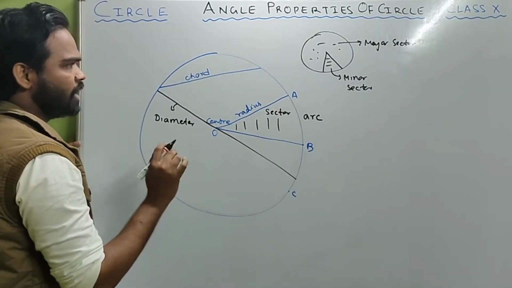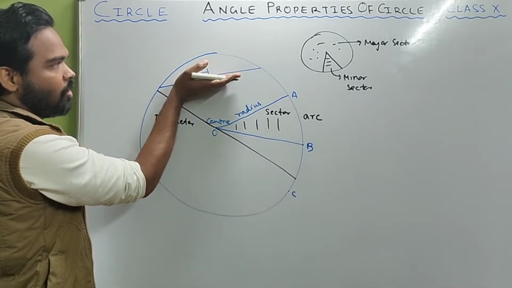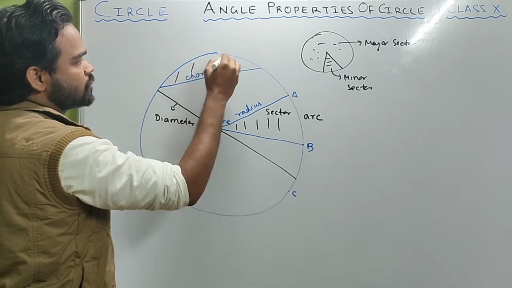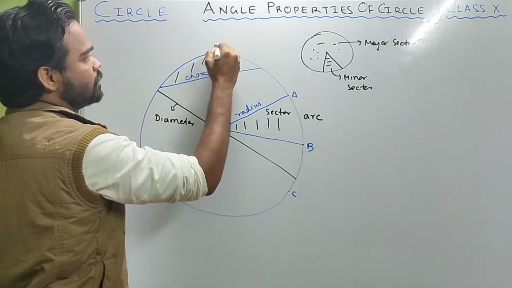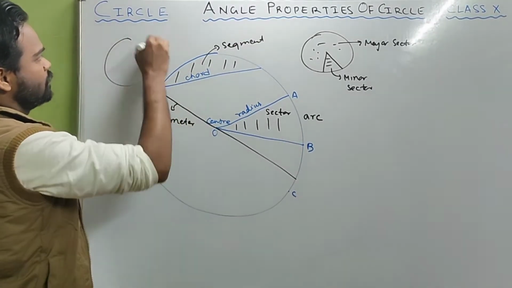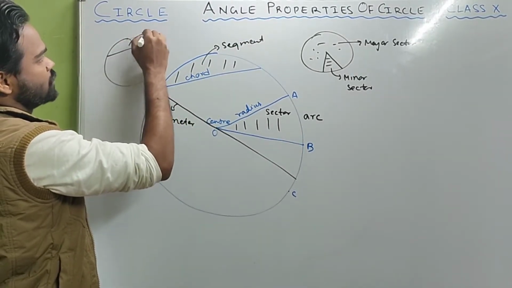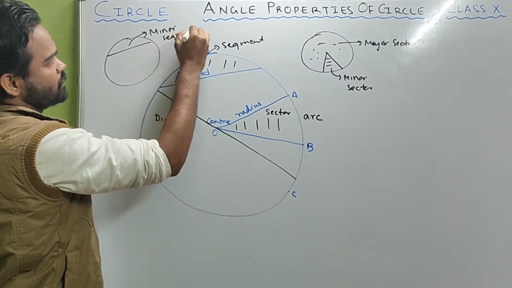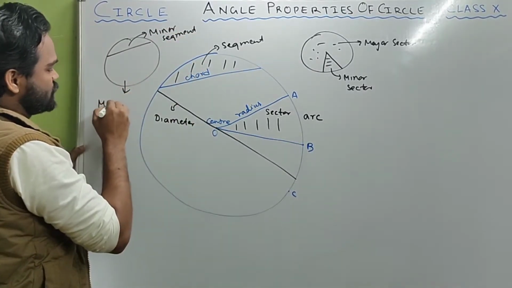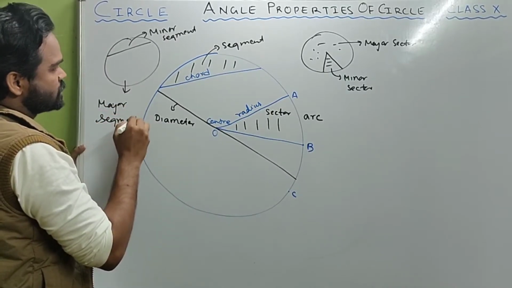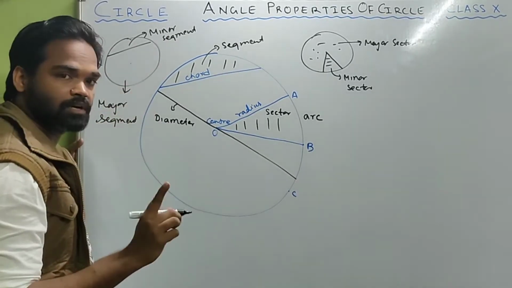Now the region bounded between the chord and the arc is known as segment. Again, suppose this is your minor segment and this is your major segment which contains the center of the circle.